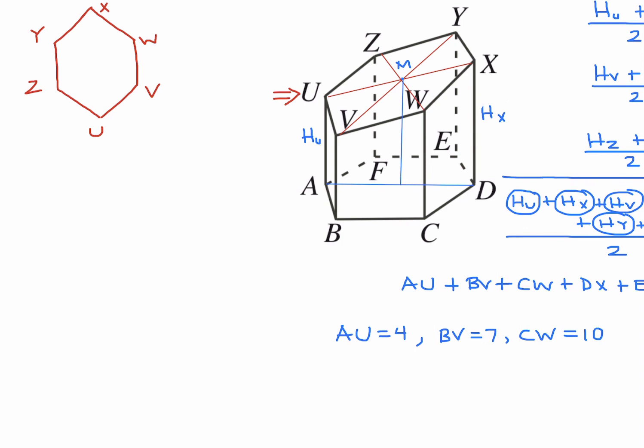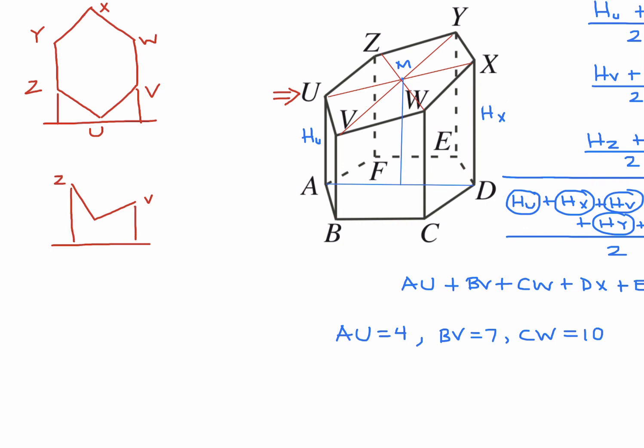But this can be tilted. So instead of these being uniform in terms of their length from the bottom, they could be tilted like this. If we're making a comparison, now V is here. See what happened there?